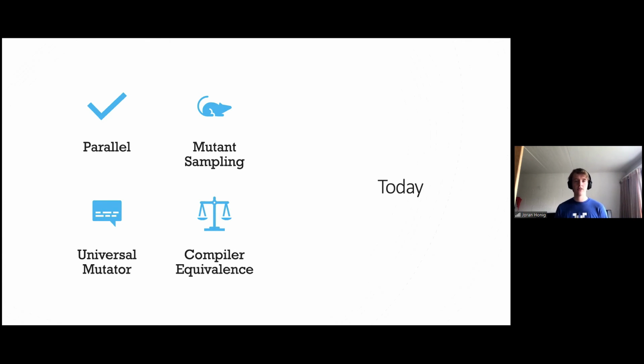All right, so I've picked 4 of the features that are in Vertigo today, which I'm most excited about, or which are kind of the biggest features. And the first one is parallelization, or parallel execution of the mutants. So as I mentioned before, you are able to pass multiple networks to Vertigo, and then it will take the different mutants and run your analysis in parallel on the different networks, which speeds up execution a lot.